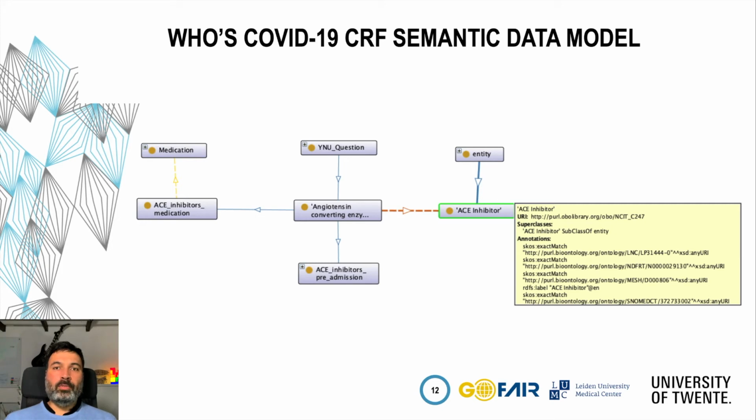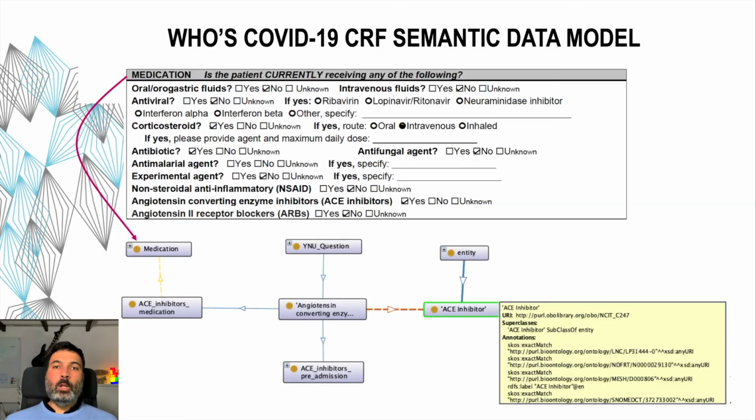We try to improve interoperability by also providing the mappings, in this case, SKOS exact match, to concepts in other vocabularies like SNOMED-CT, MeSH, etc. We included in the model the section of the question, which is part of one of the 3 modules already mentioned. So we have a concept for the section, for the question itself, and for what this question is about.